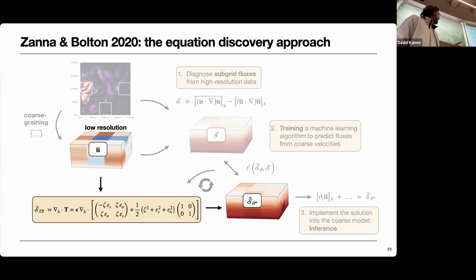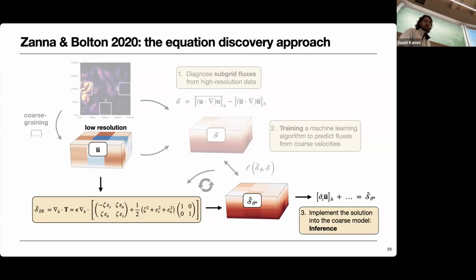Again, if it interests you, I wanted to include it, but it's not needed to understand in detail for the talk here. But basically, they found a form of the stress tensor and included the subgrid fluxes as a gradient of that. And then once they found it, you can then integrate it into your ocean model.